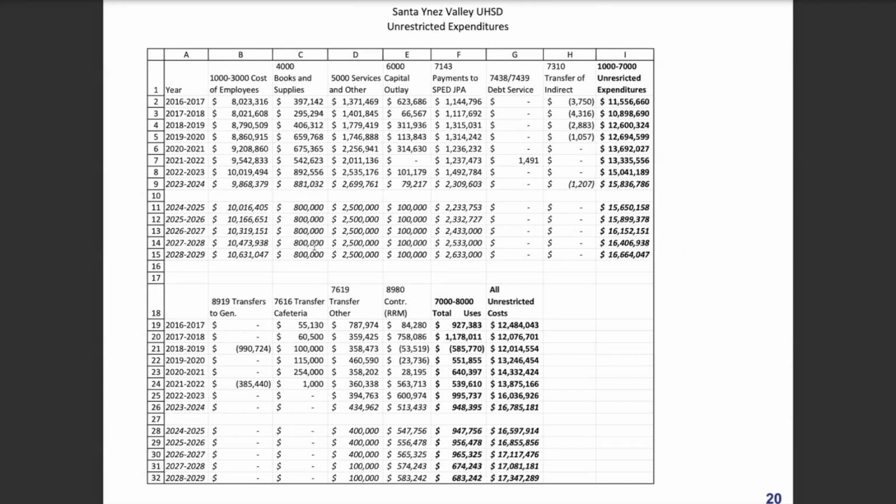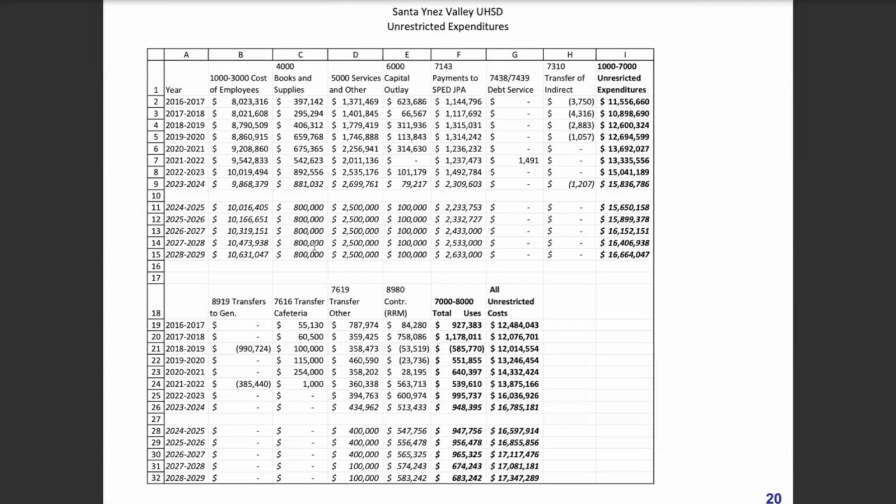In services, which are things like electricity and legal bills and other services, so expenses you pay that are not for things, that's in column D, and you'll see a very sharp increase in that over the years. I've backed that off to $2,500,000 moving forward because I'm hopeful the district can get those pushed back a little bit and exercise some small trimming or belt tightening.